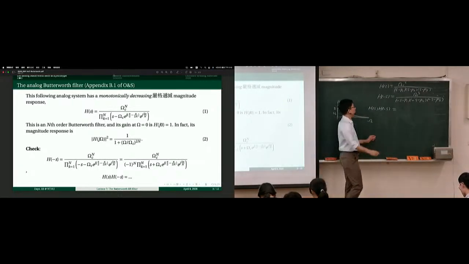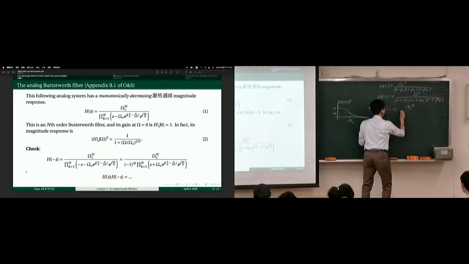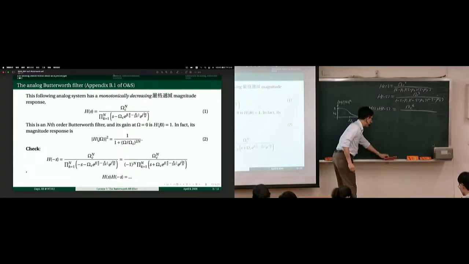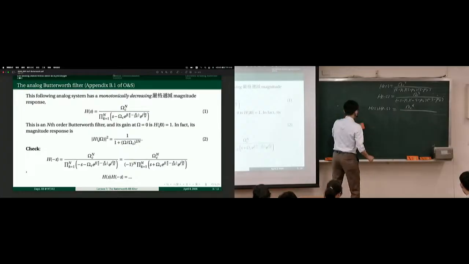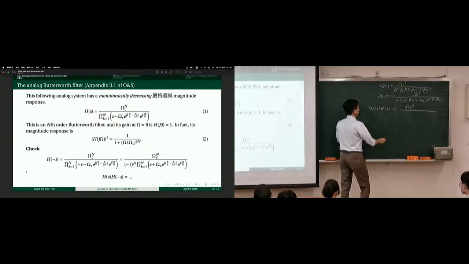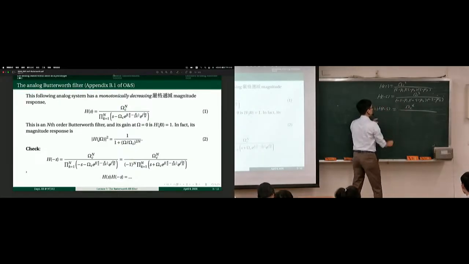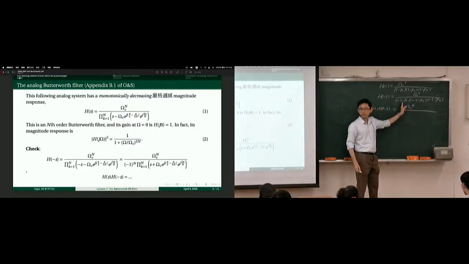We multiply the two of them on top. Now we have omega cutoff frequency to the 6th power. And at the bottom, it's probably more convenient if we change the sign, making the expression a bit easier.